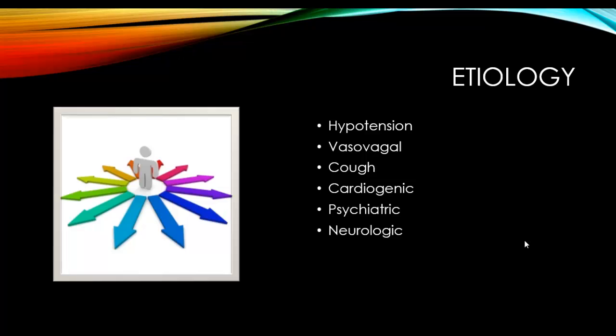Also, when we look at hypotension, you want to remember that systemic hypotension can lead to a brief cerebral ischemia, which causes loss of function. Also, impaired vasoconstriction results in hypotension with decreased cerebral perfusion. This would include vasovagal or carotid sinus syncope.